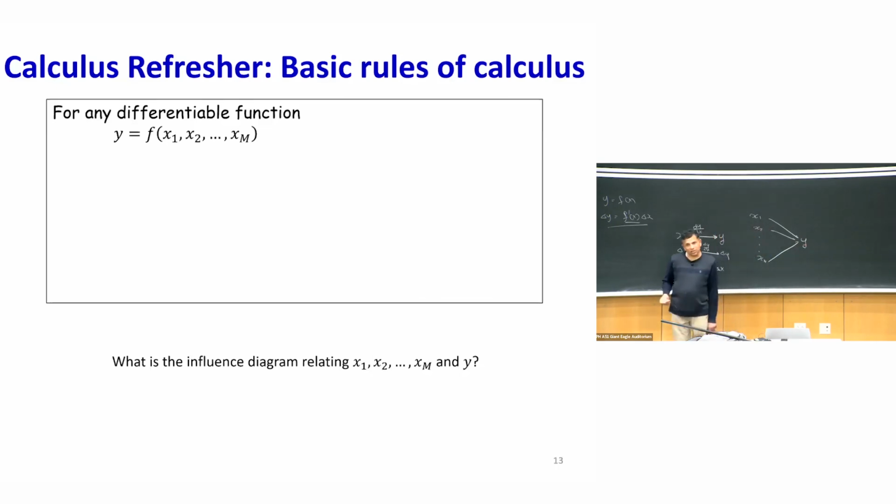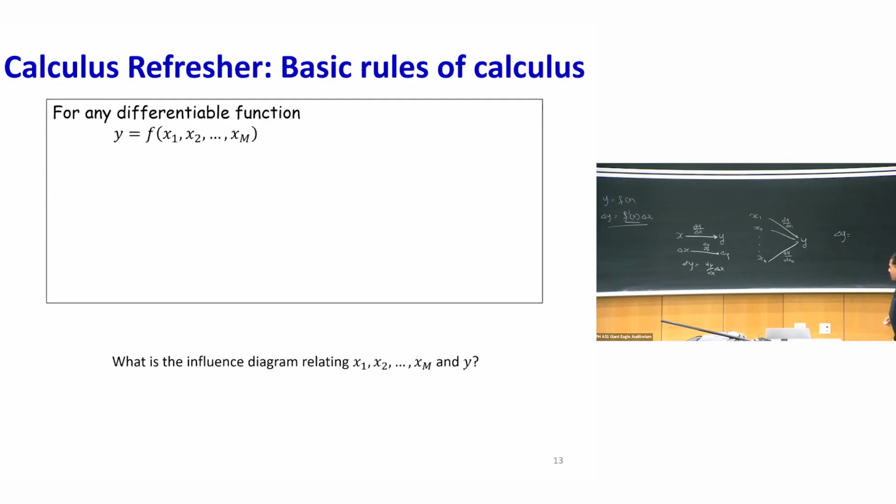Using the same notation, what would the weights of these edges be? The partial derivatives of y with respect to the corresponding x. And now using the rules for graphs, what would delta y be from this picture?